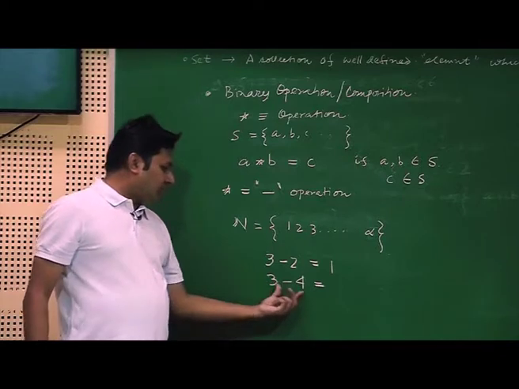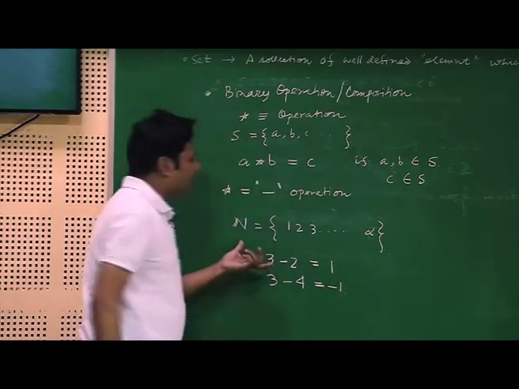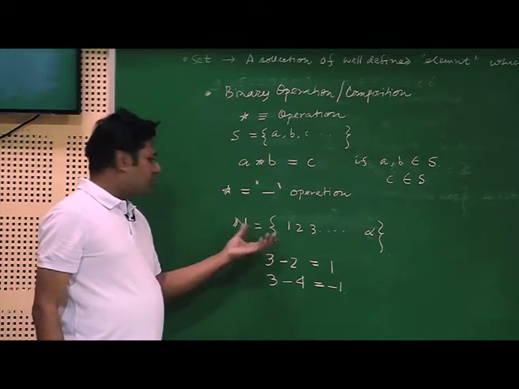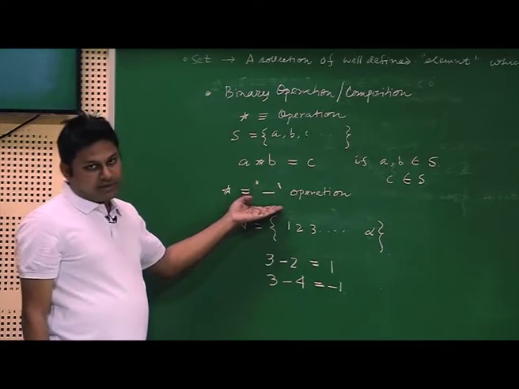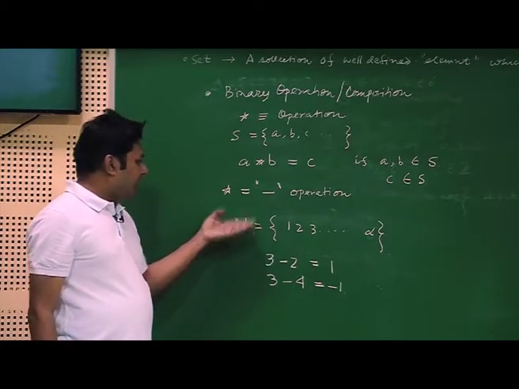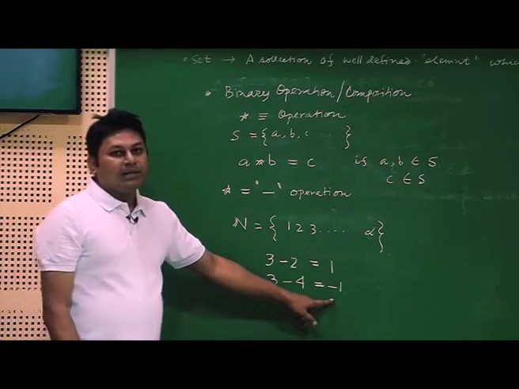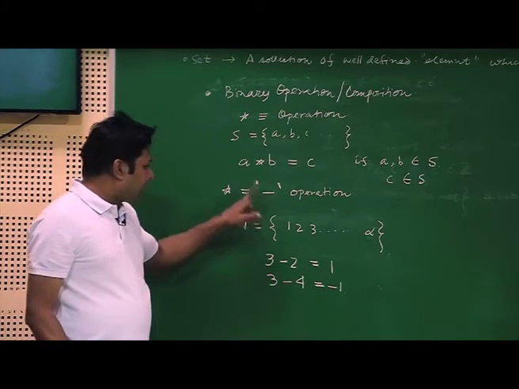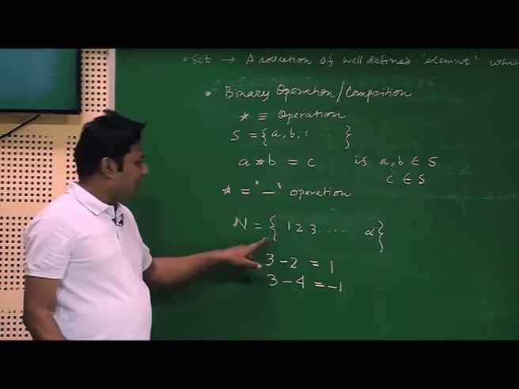I will get minus 1, which is outside of the set, because minus 1 is not inside the set. So, even though my binary operation is well defined and my set is well defined, the result that I am getting is outside the set. So, at least this operation is not a valid binary operation for this particular set.